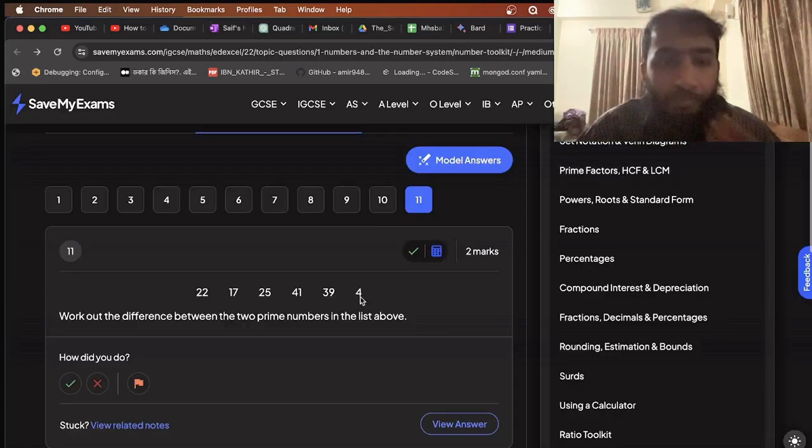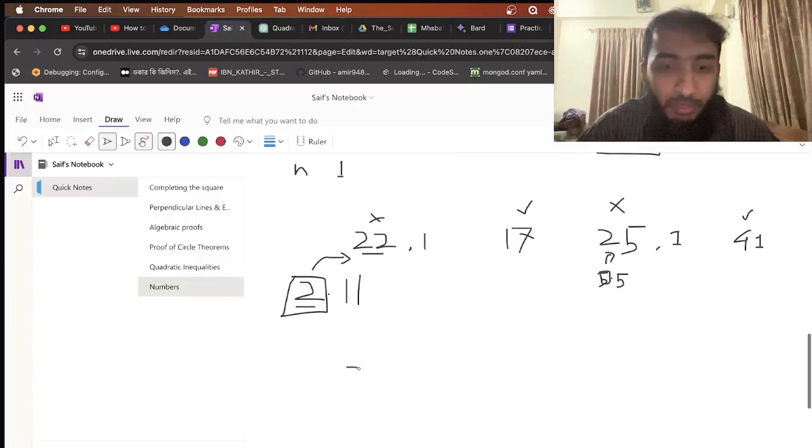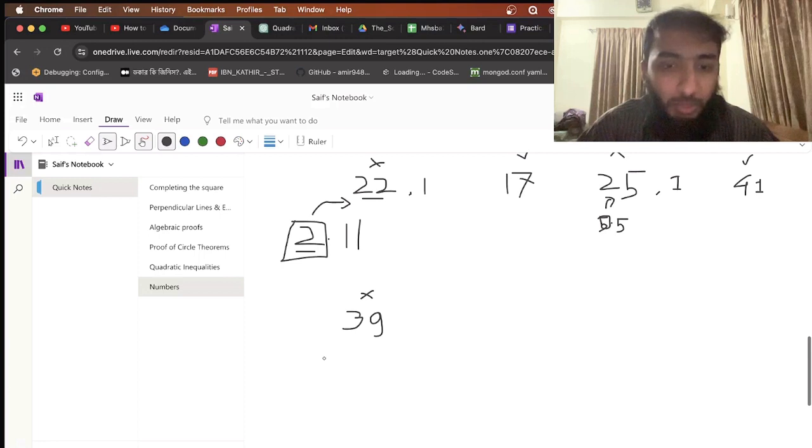If you look at the second last number, which is 39, is 39 a prime number? No, because if we multiply 3 with 13, we get 39.